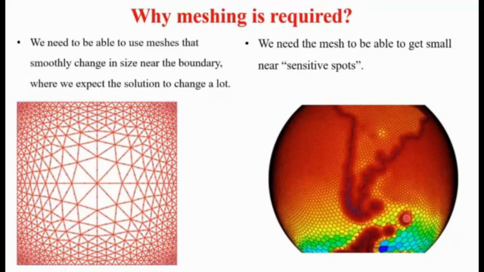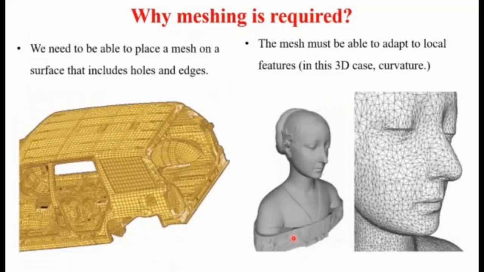Here the sensitive spots are this line and this graph line. At these lines or sensitive points, the meshing should be small, or fine, with element size as small as possible. So this is the meshing requirement in FEA.